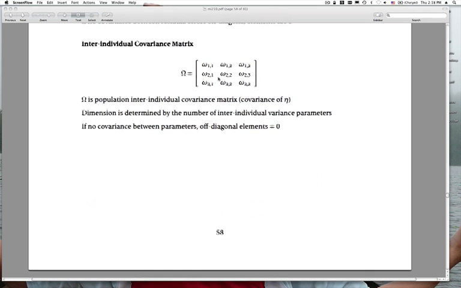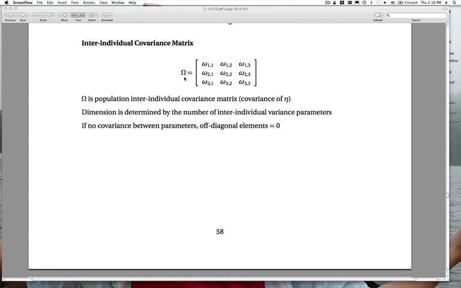The inter-individual covariance matrix, omega, is constructed in a very similar way, although it's representing a different level of variability. And here the dimension of this matrix, or the diagonal length, represents the number of inter-individual variance terms in your model.